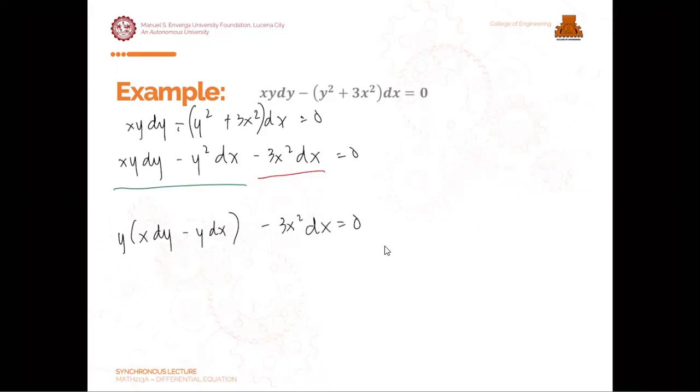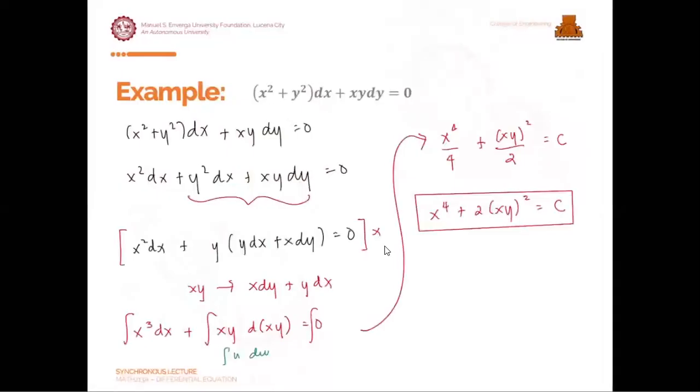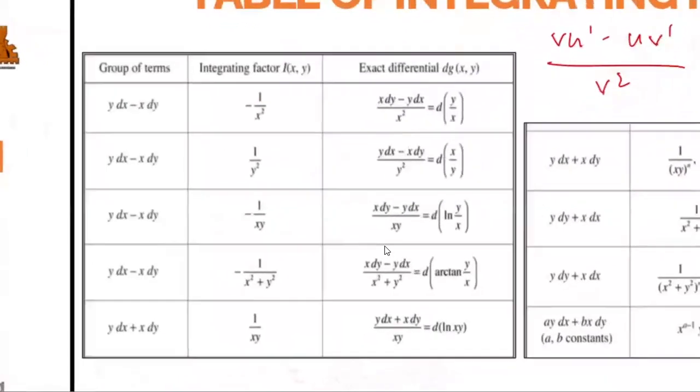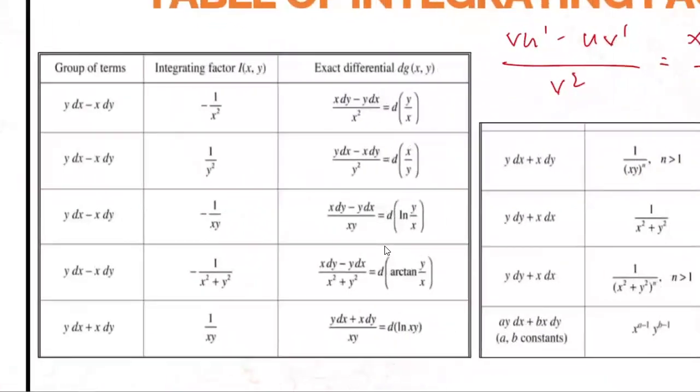Okay. Yan. So, paano ngayon yan? Mapapansin natin, ito yung differential na meron tayo, x dy minus y dx. So, refer tayo ngayon sa table. Ano yung merong x dy tsaka y dx? Kapag yung group of terms mo daw is x dy, y dx, meron dito is y dx minus x dy. Pero pag ni-reverse natin yan, ibig sabihin, multiply lang natin ng negative sign to.